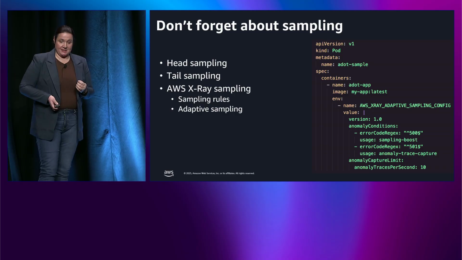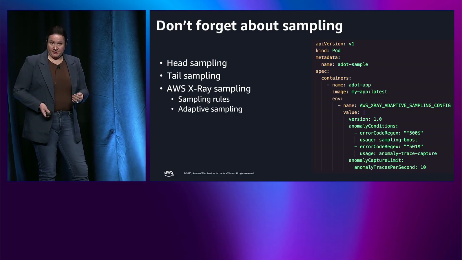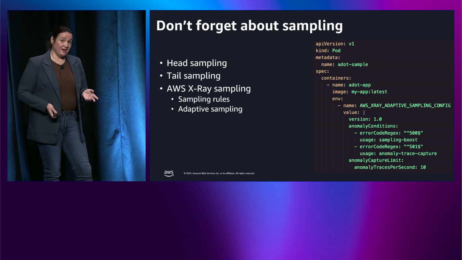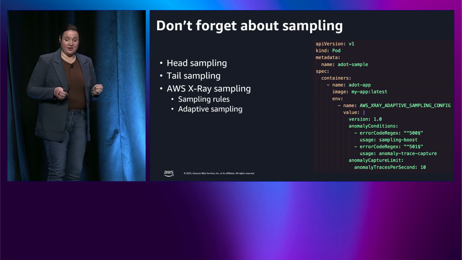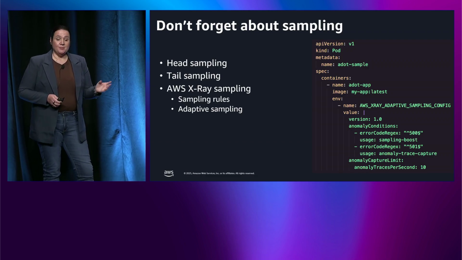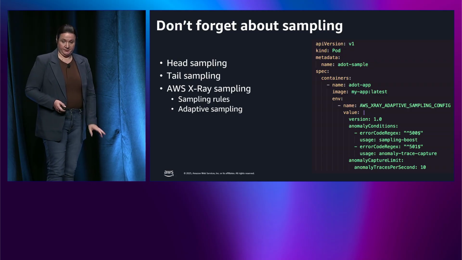So in this example, there will be extra traces sampling using the sampling boost in case of 500s. And also we are using anomaly trace capture, where all the spans with 501s will be captured. But again, I can also limit that as well if I want to, which is the setting at the bottom.